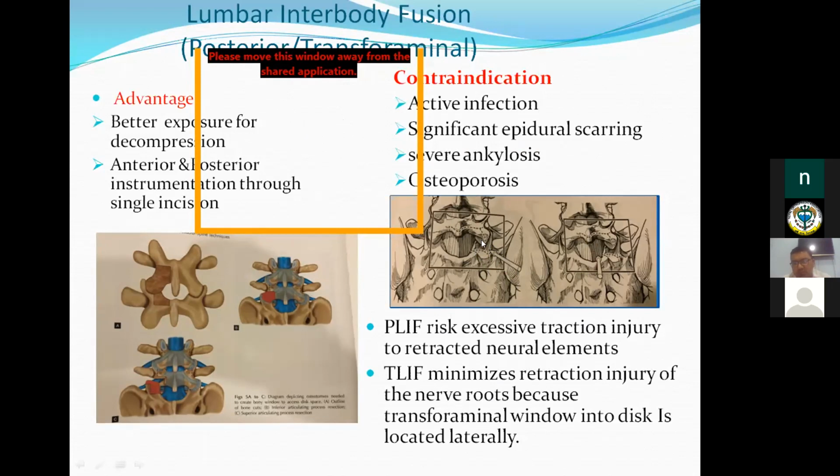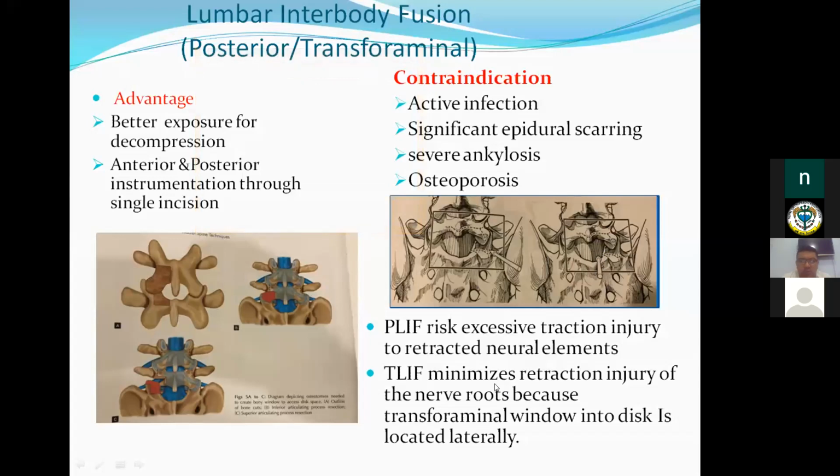In case of PLIF, it is more centrally located with more retraction of the dura and nerve roots, so there are more chances of nerve root injury. So nowadays TLIF is preferred rather than PLIF.